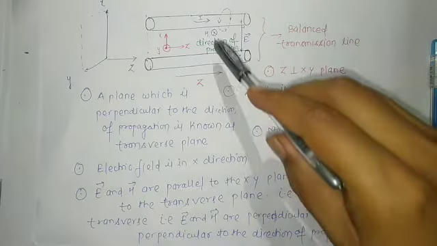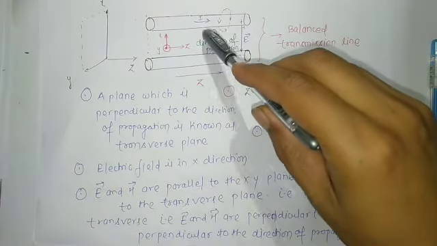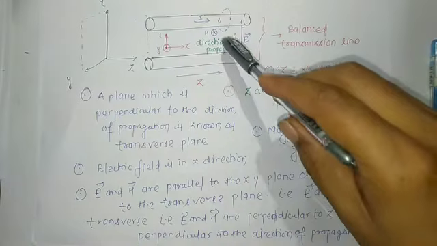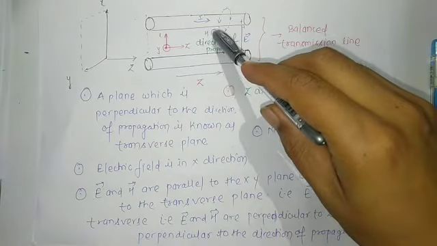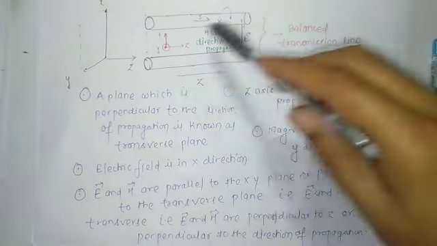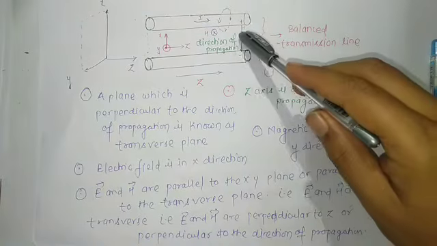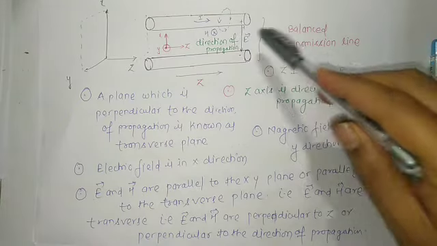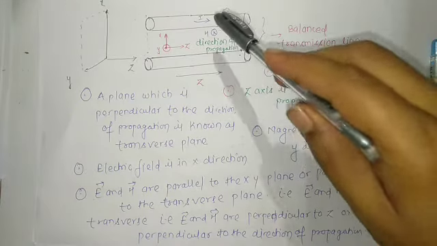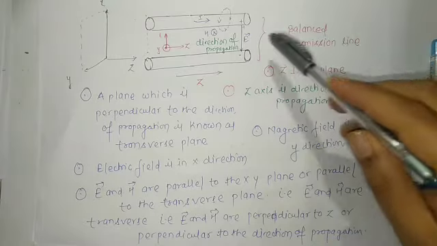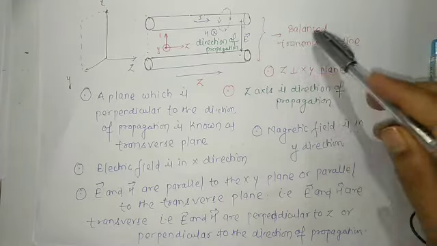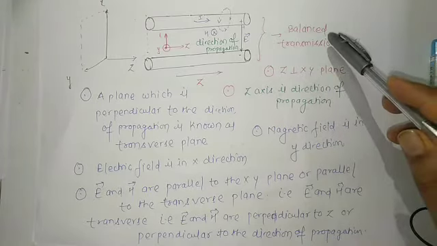Okay, the magnetic field is in the y direction, which means this magnetic field is parallel to the y-axis and the electric field is parallel to the x-axis. Then I can also say this electric field will be perpendicular to the z-axis and this magnetic field will be perpendicular to the z-axis. The z-axis is nothing but the direction of wave propagation.